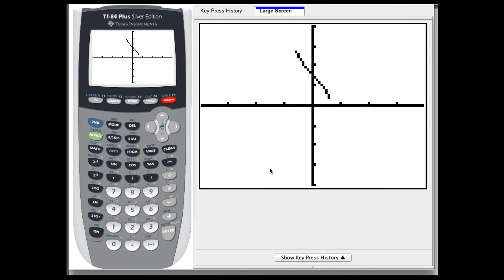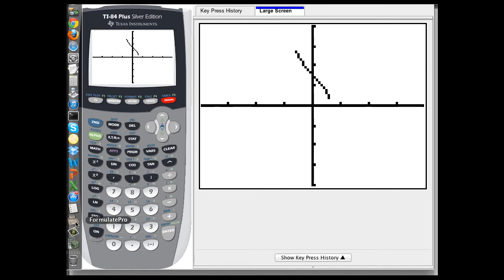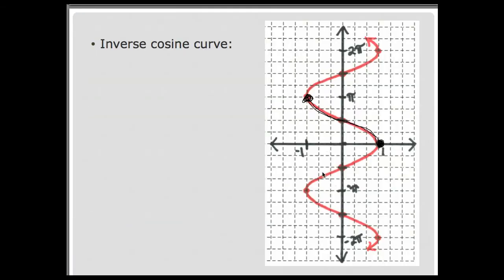All right, and there's that little segment that we saw. Remember on your calculator here, the little hash marks that you see along the x-axis, they do not correspond to like 1, 2, 3, 4. So just keep that in mind, okay? In case you're wondering.